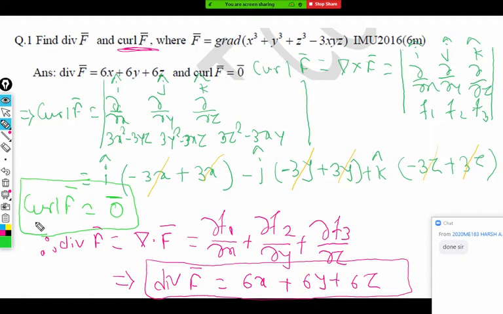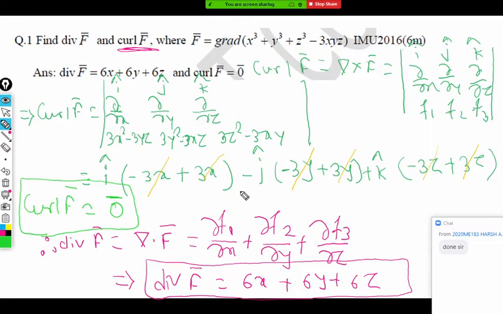Sir, if we write only zero, will it be wrong? You should write step by step, because sometimes some examiners are interested in the important steps. Suppose an examiner thinks this step is important, that indicates you have done the calculation. So you should write it. What is the harm in writing one step there?